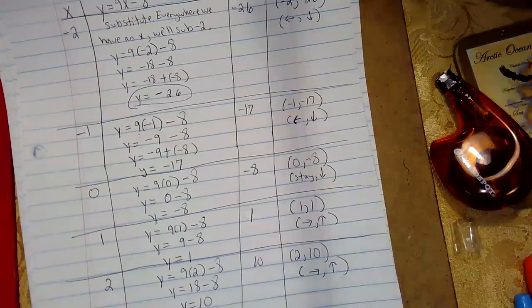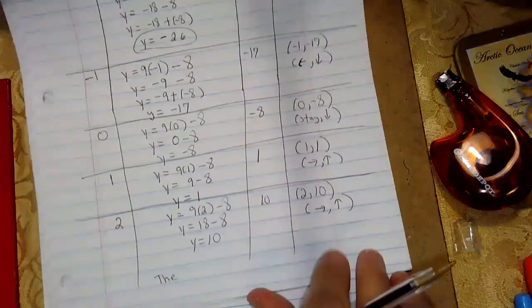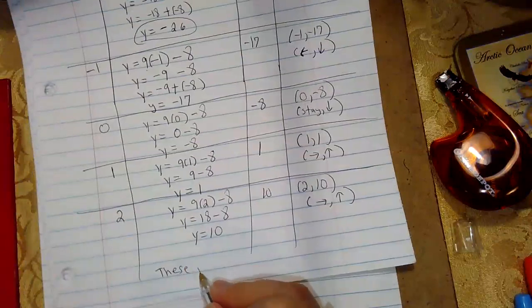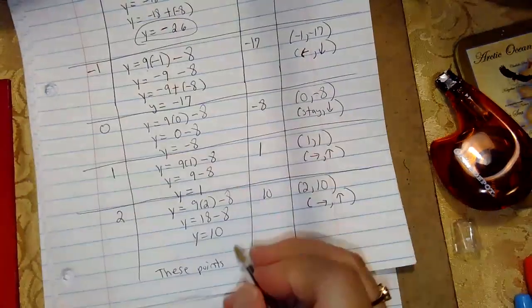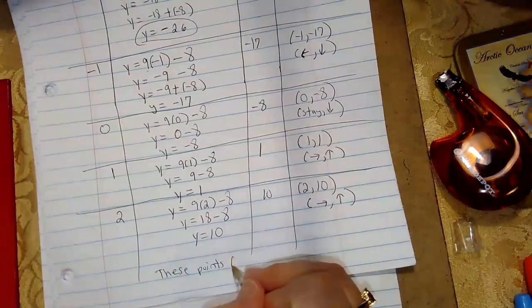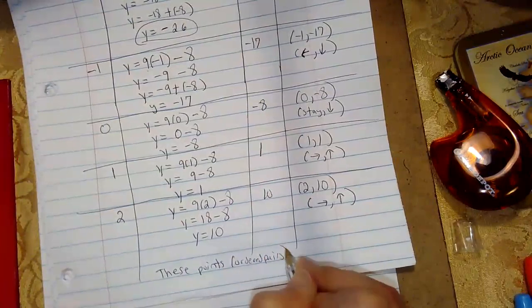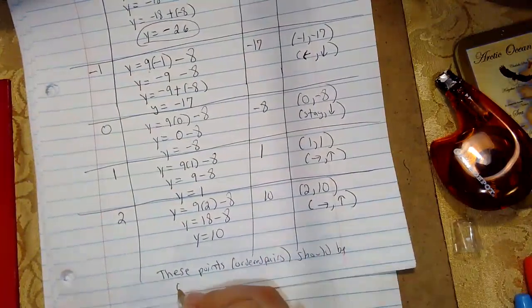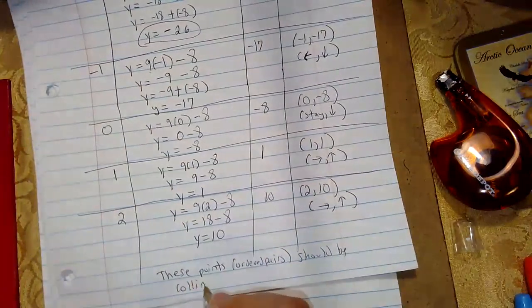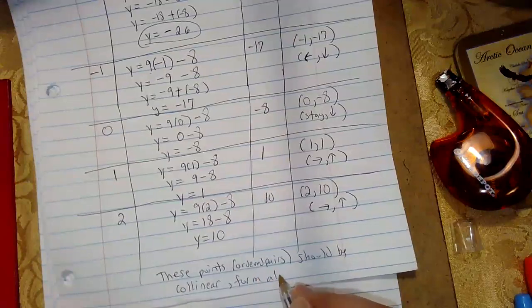And you should have a line. So these points, if we did all this math correctly, these ordered pairs, should be collinear, which means they should form a line.